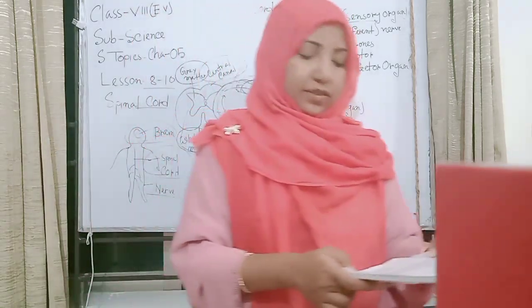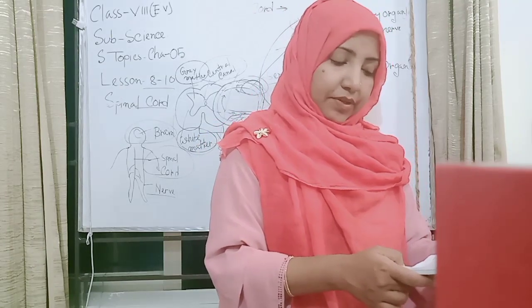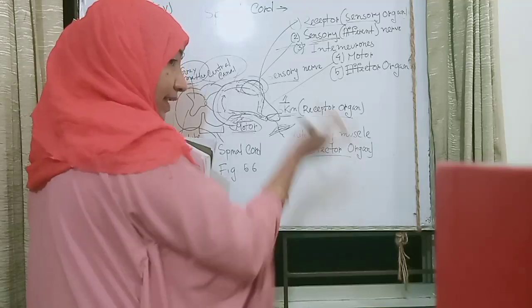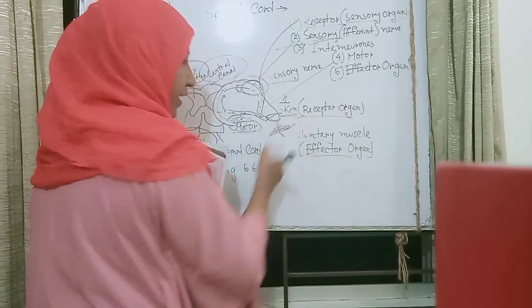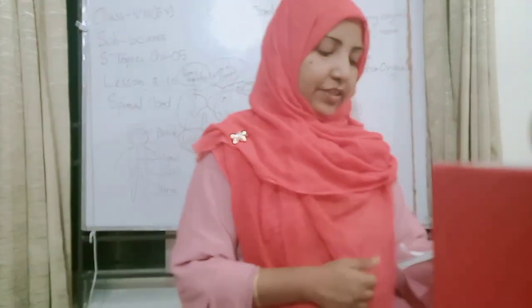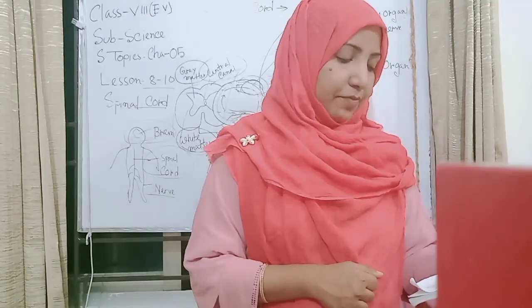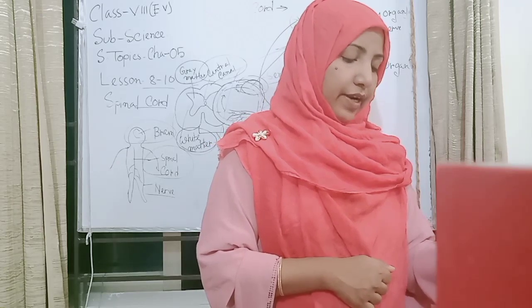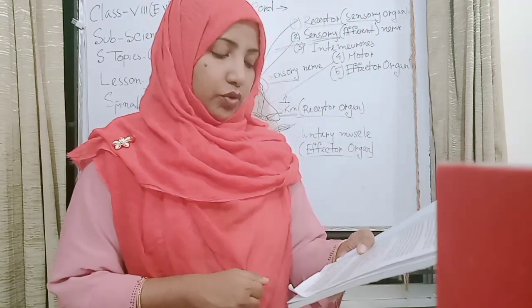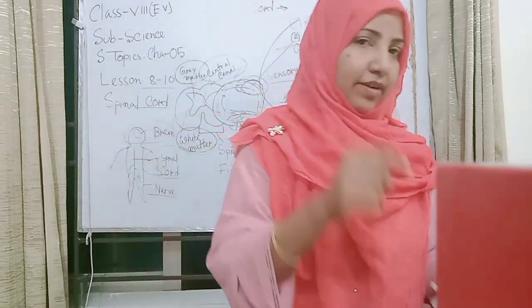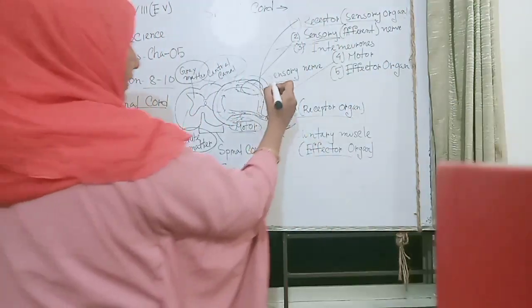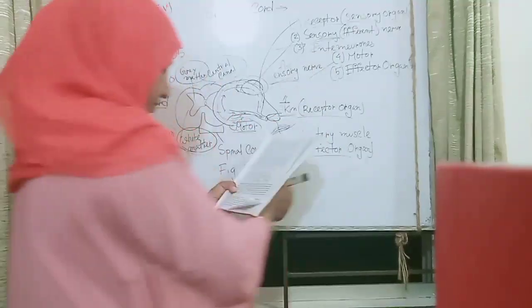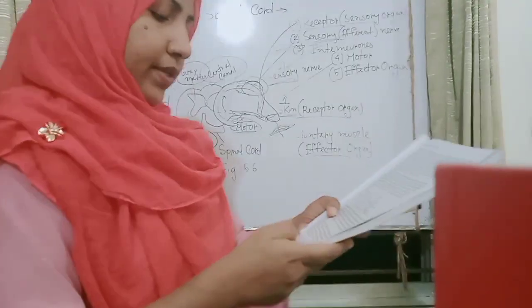In a reflex action, first a sense organ, the skin, is stimulated by a pin prick. This sensation travels from the sense organ to the spinal cord through the afferent or sensory nerve fiber.